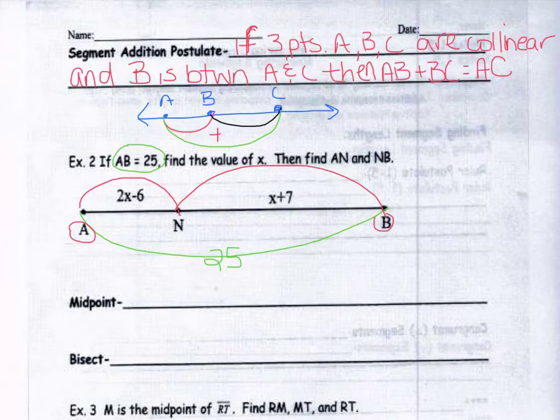So we need to write that out with these expressions. So I have 2x minus 6 right here, plus, because we're adding two distances together, x plus 7, and that equals the entire distance, 25.